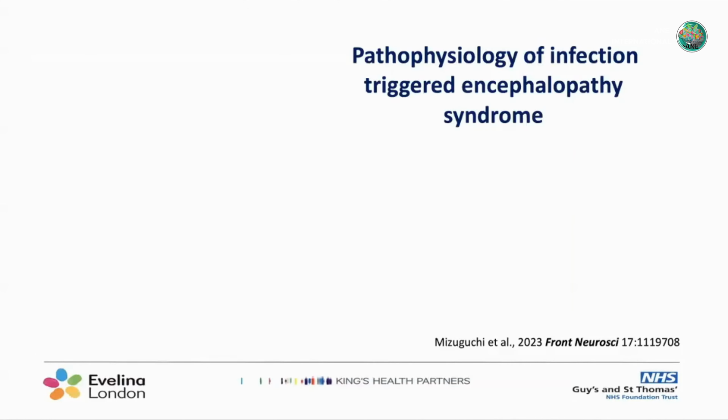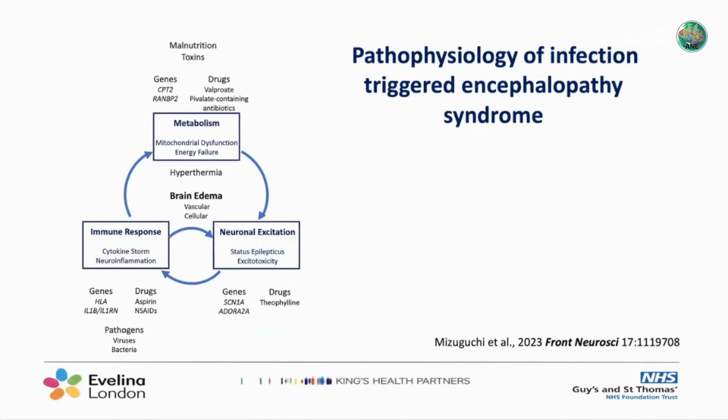Okay, so again, this is a nice review from Mizuguchi, whom you heard from Kim, who first described ANE, which is the non-genetic variant of this, because they see a lot more of the sporadic form in Asia. And he reminded us that, like all things, it's worth thinking about mechanisms.